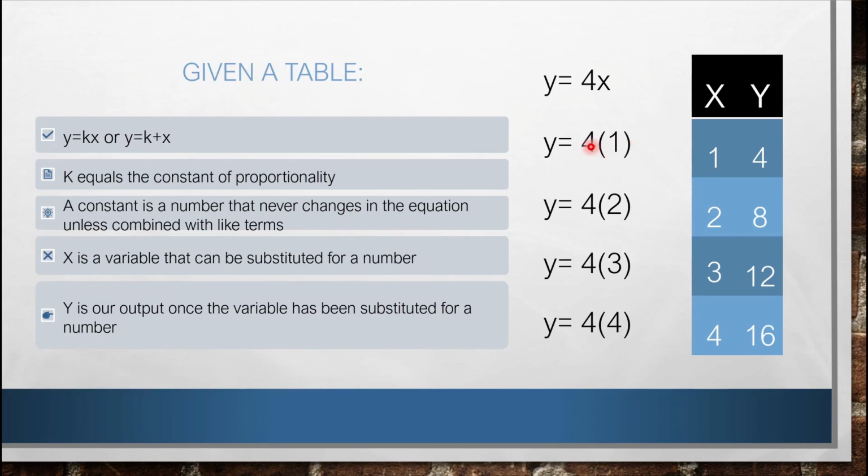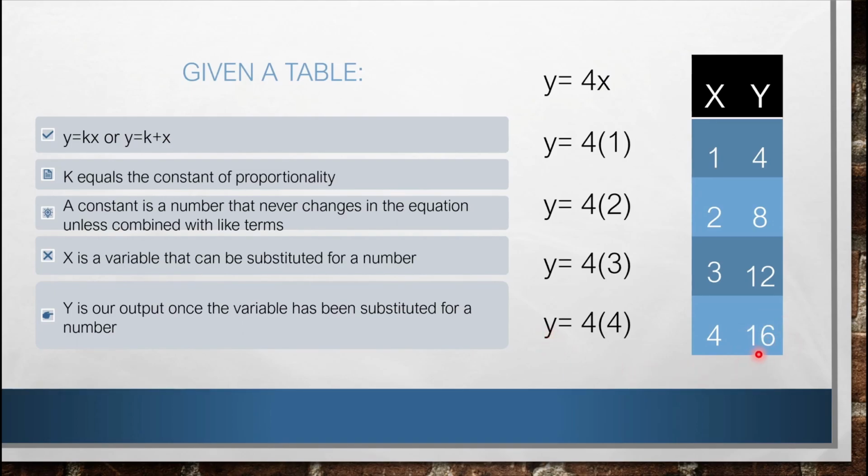Of course, 4 times 1 is 4. With this one, 4 multiplied by 2 is 8. 4 multiplied by 3, right here, is 12. And lastly, 4 multiplied by 4 is 16.